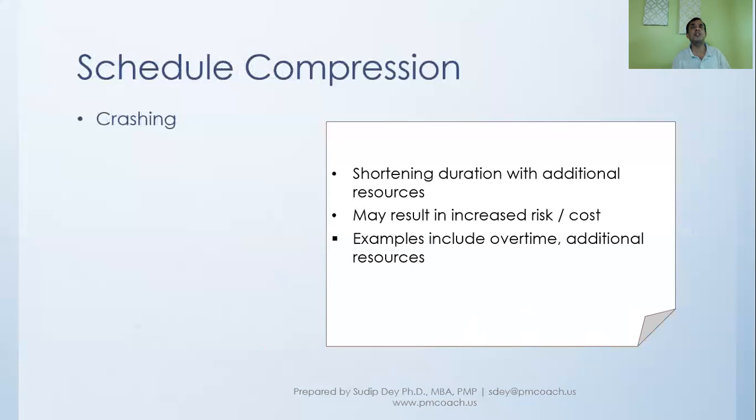If you are paying overtime so that people can stay long hours and do your project, so that this project gets over, it will cost, and there might be risk because they are overworked, the quality might suffer, and so on. Or you can also add additional resources from outside to crash the project.